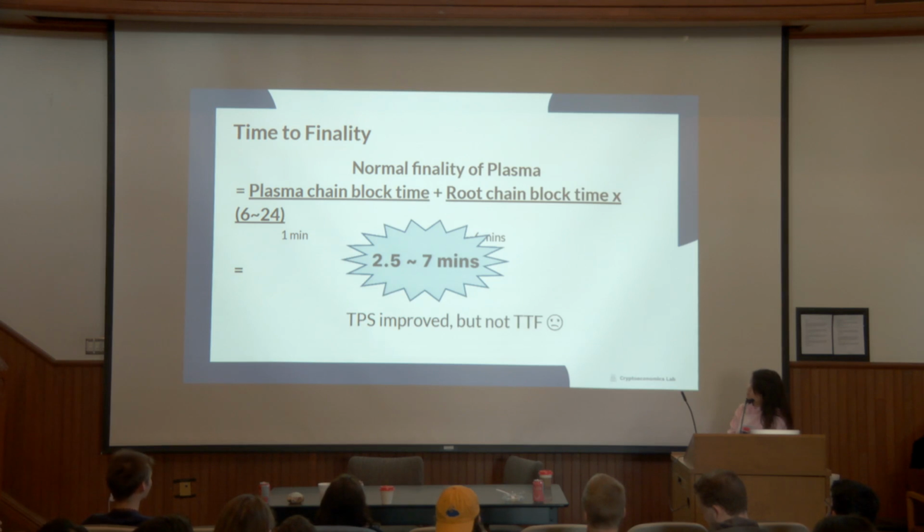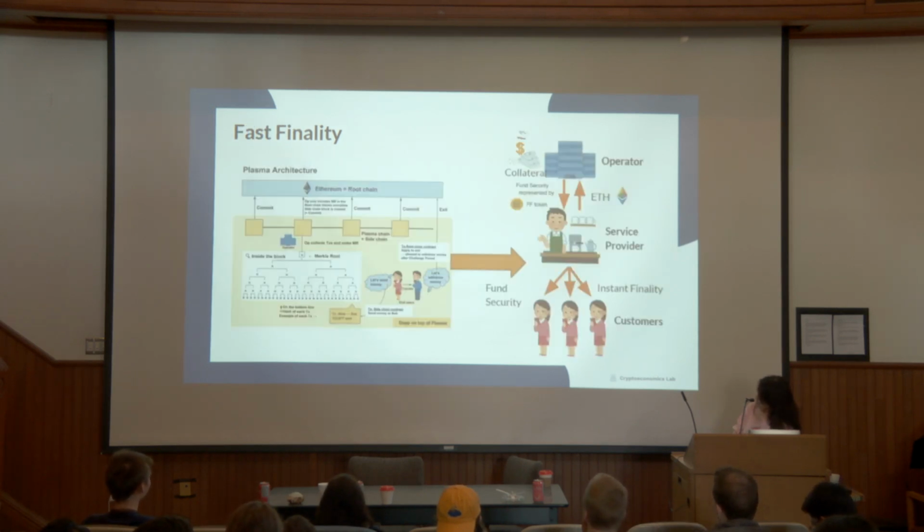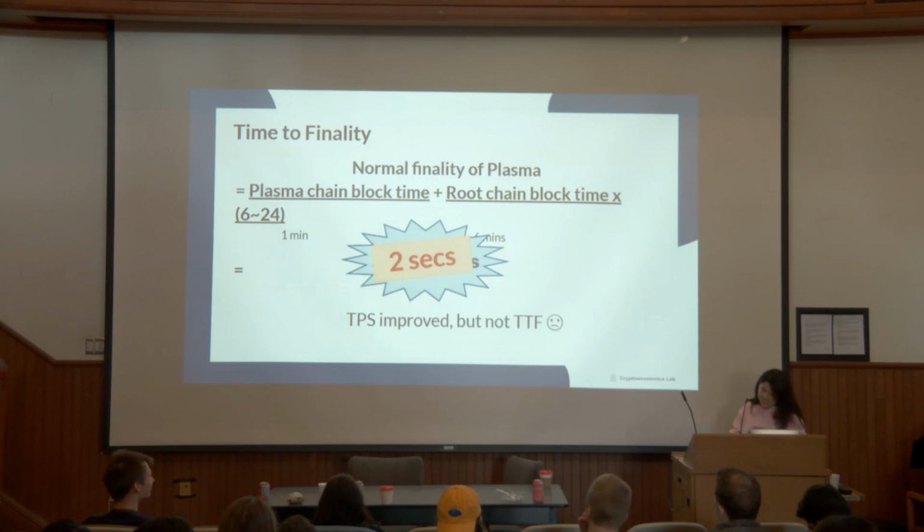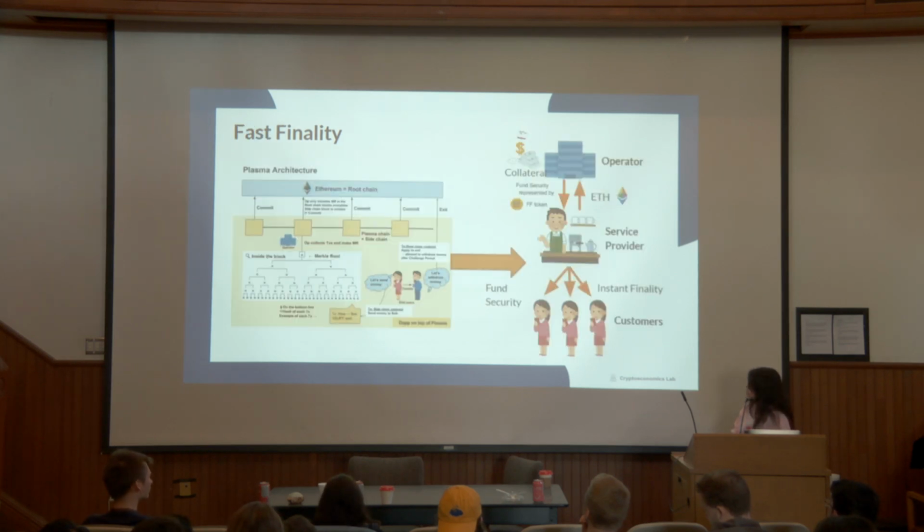So far TPS is improved by Plasma, but time to finality has not. But with the fast finality function, we aim to provide finality on the Plasma chain within 2 seconds, with the security guarantee of collateral prepared by an operator.